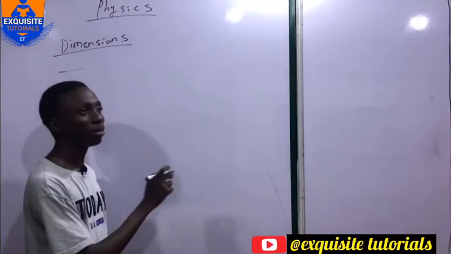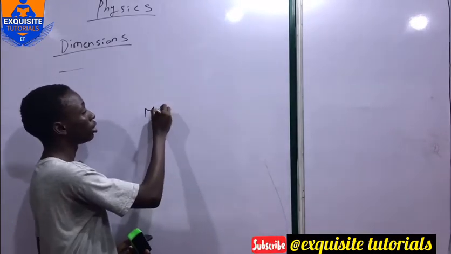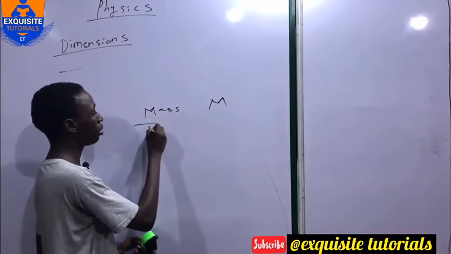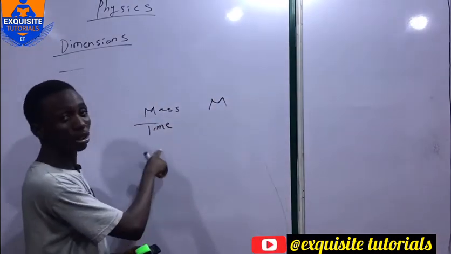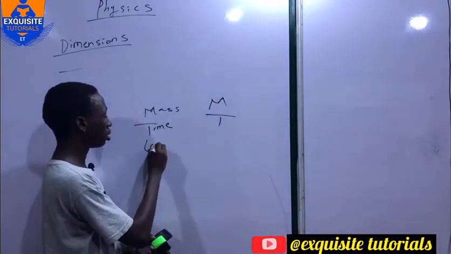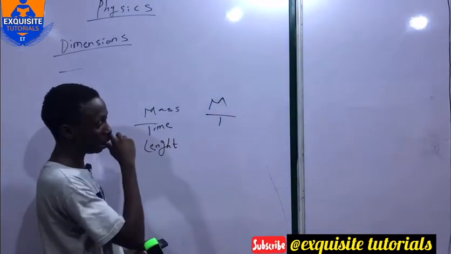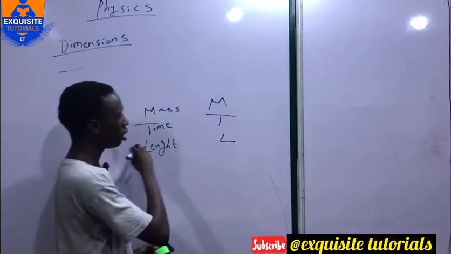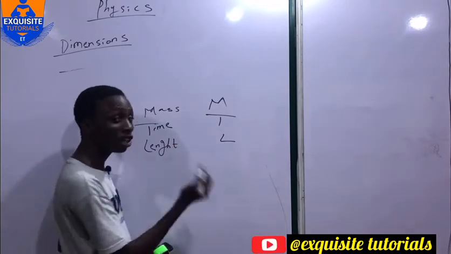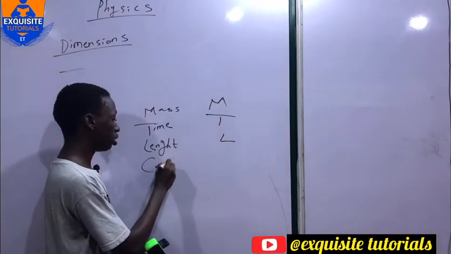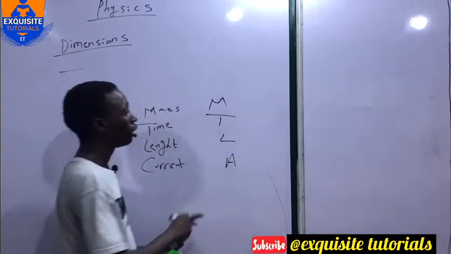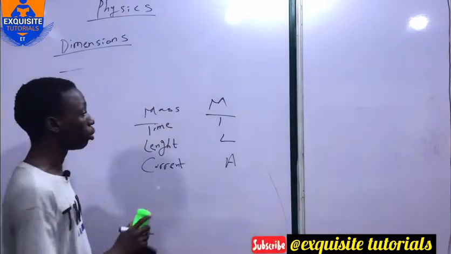Mass is represented as M, time is represented as T, length is represented as L. Another additional one is current, represented as A. So we're going to be working with these four for now.